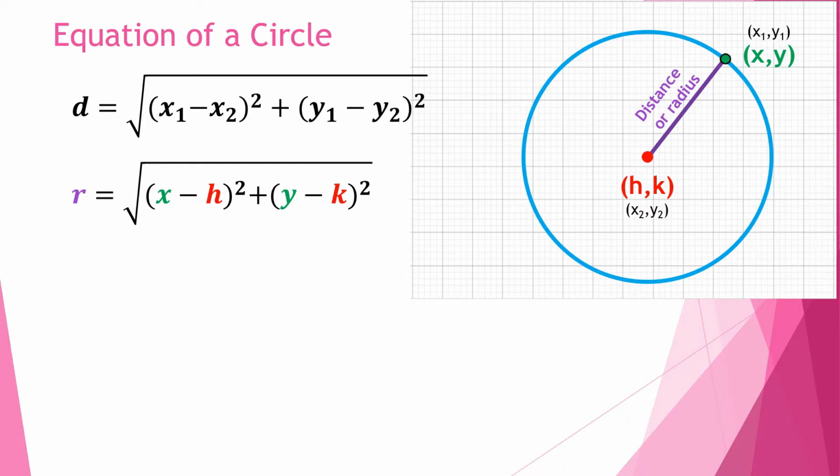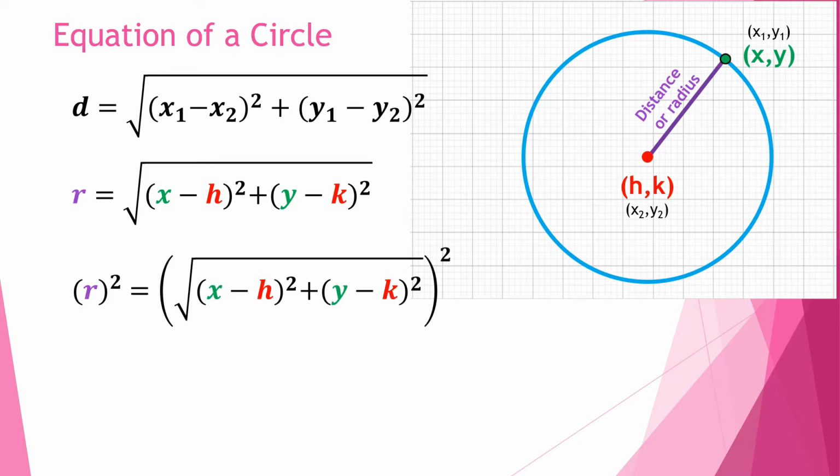So therefore, our equation will become r is equal to square root of x minus h squared plus y minus k squared. Replacing x sub 2 with h, y sub 2 with k, x sub 1 with x, and y sub 1 with y. Then simplifying this further, we will have, squaring both sides to remove the square root on the right side of our equation, r squared is equal to x minus h squared plus y minus k squared.